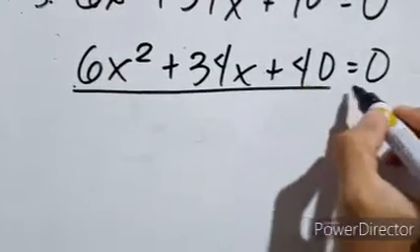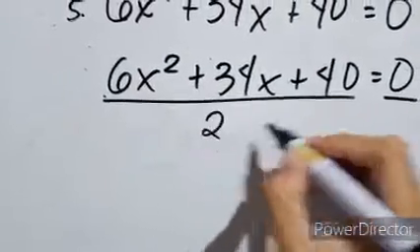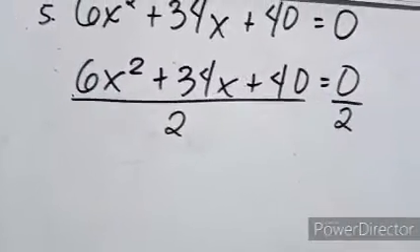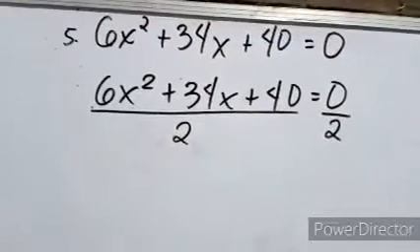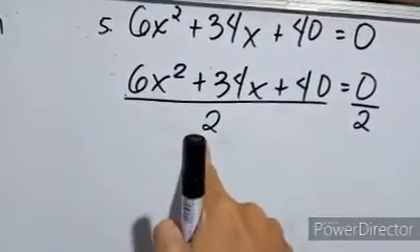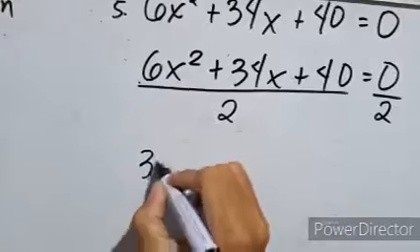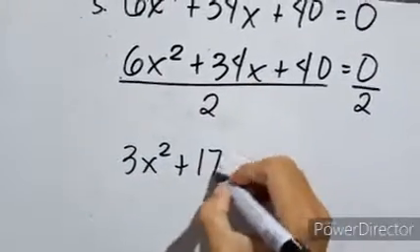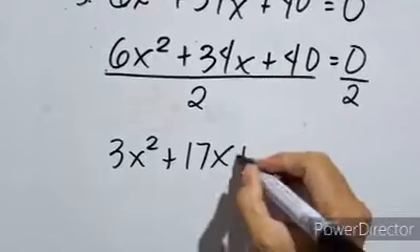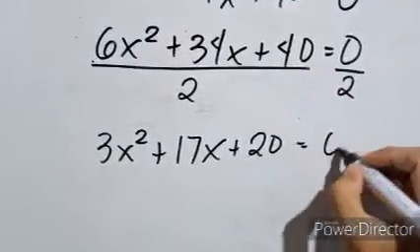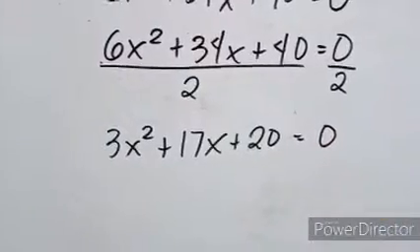So, divide natin siya sa 2. Mapapansin nyo 0, lalagyan pa rin natin over 2 para makita na balance yung equation natin. So, 6 divided by 2 magiging 3x squared plus 34x divided by 2, 17x plus 40 divided by 2 ay 20. 0 divided by 2, 0.